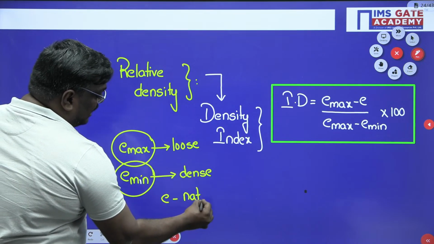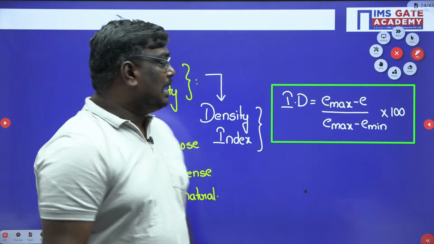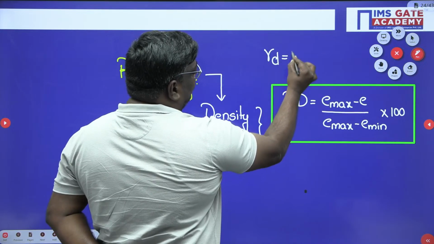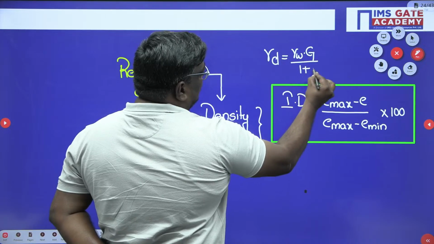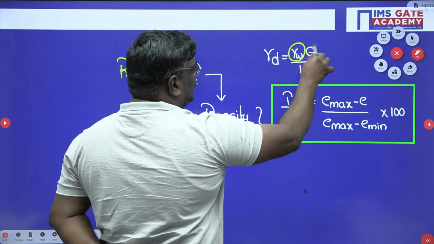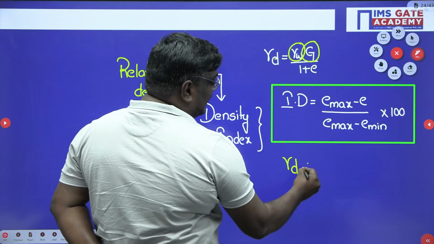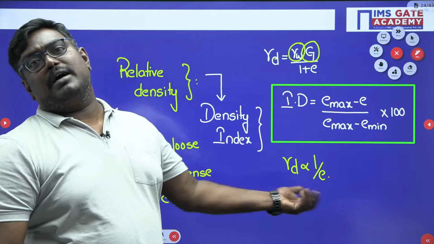What happens in the GATE exam is this. Dry density gamma_d is given by the formula gamma_w into G upon 1 plus e. Gamma_w is constant, G is also constant, so gamma_d is inversely proportional to void ratio. If the void ratio is more, gamma_d will be minimum.